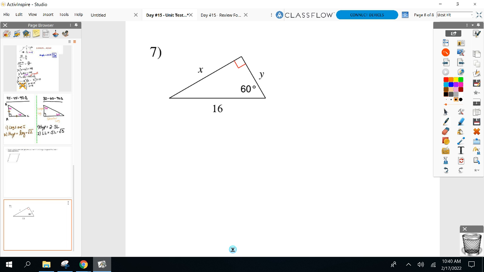Let's start with the side across from 30, which is the shorter leg. If the hypotenuse is 16, explain to me or your classmates how we are going to find the side across from 30. And again, here is the hypotenuse equals shorter leg times 2, if that helps you out to write the rule down first.